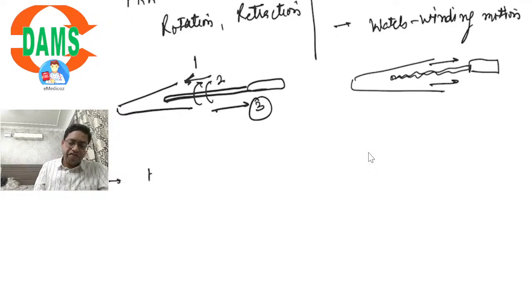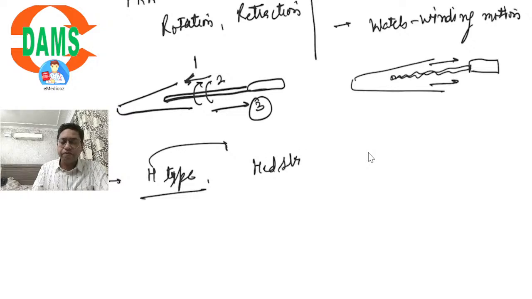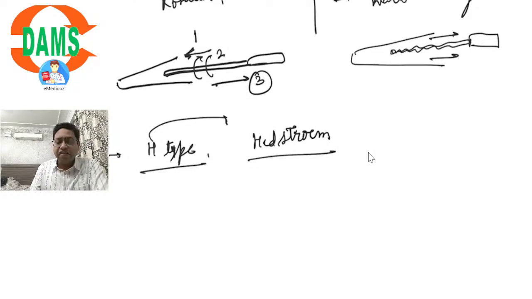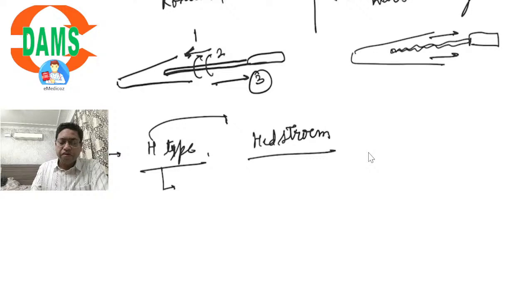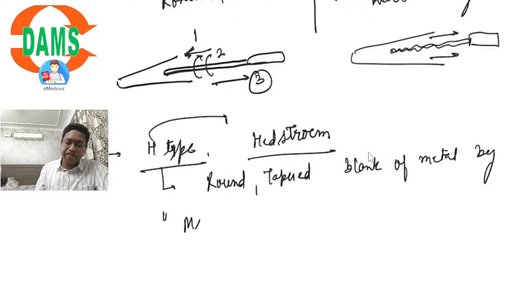The second category of instruments are the H-type instruments. The letter H basically indicates headstrong instruments. These H-type instruments are made from a round and tapered blank of metal by a process called multi-axis grinding.